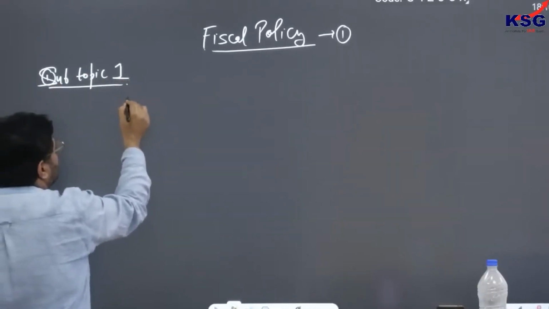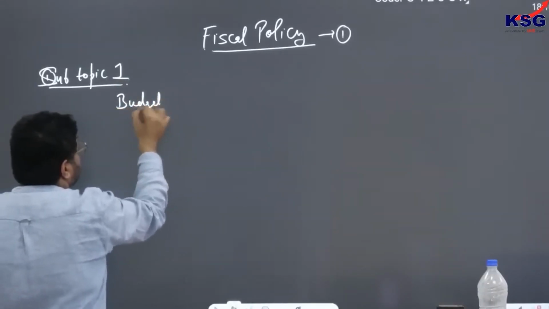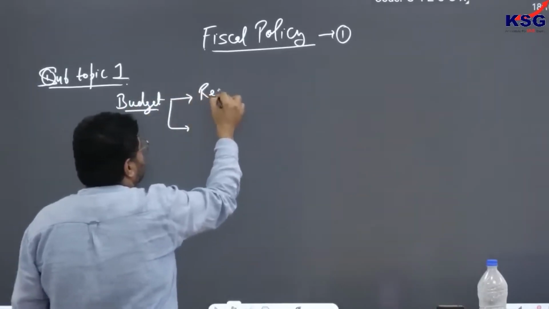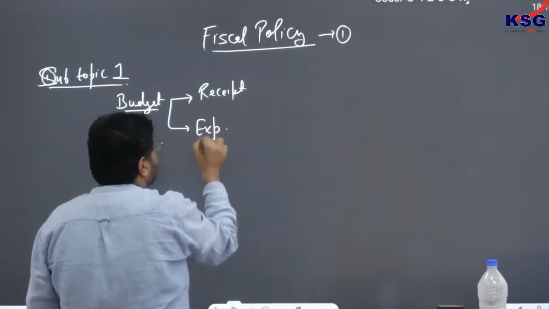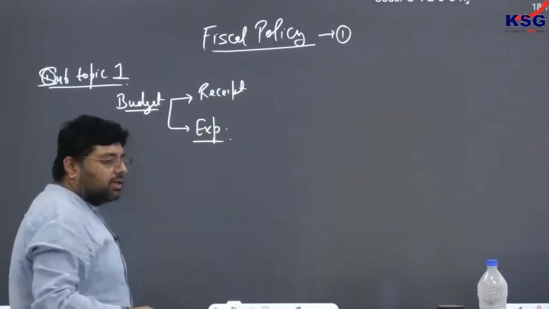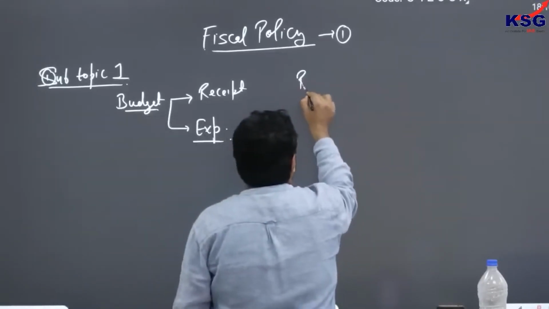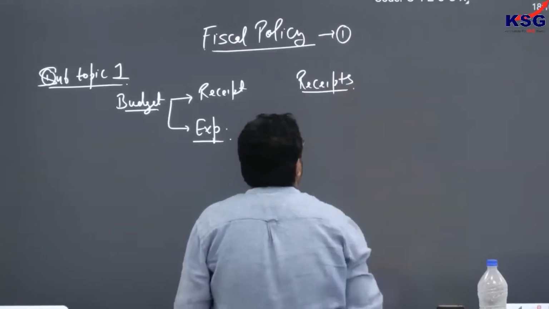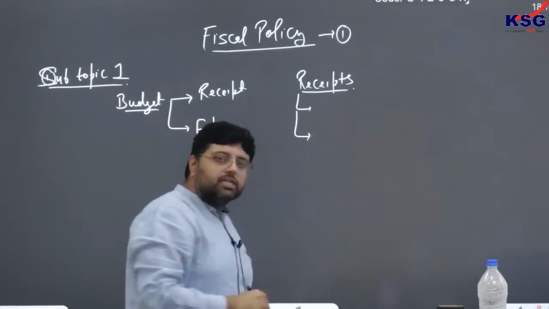You must know that in the budget there are two components, that is receipts and expenditure. If I talk about receipts, some used to say "receipts" incorrectly.